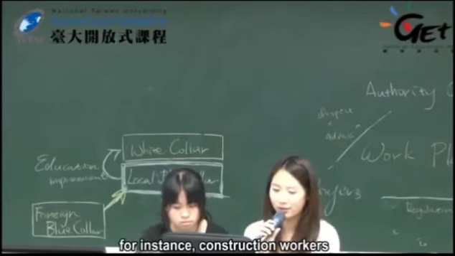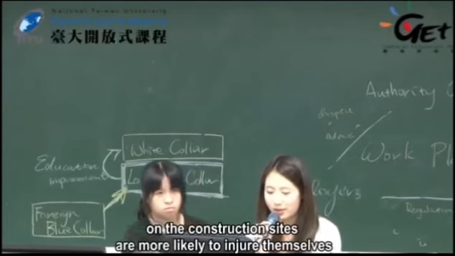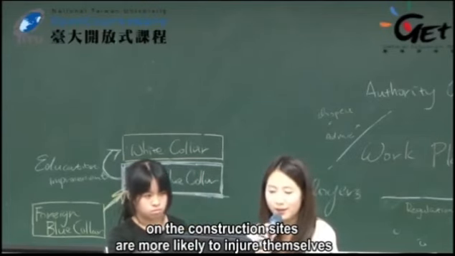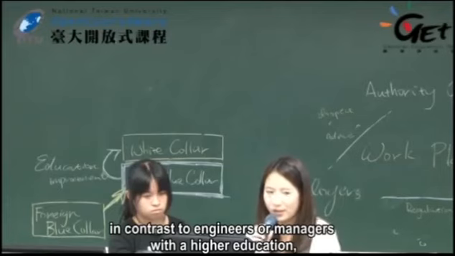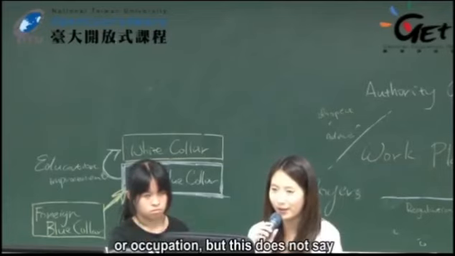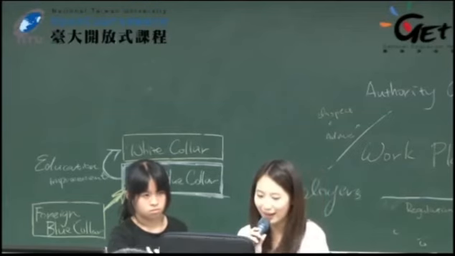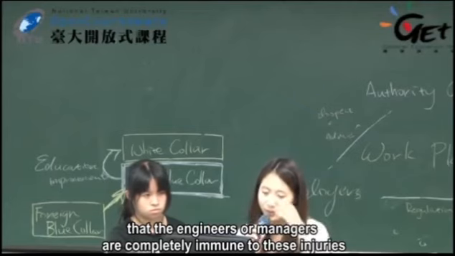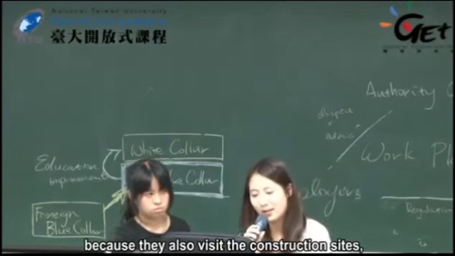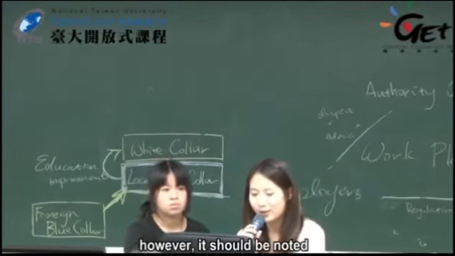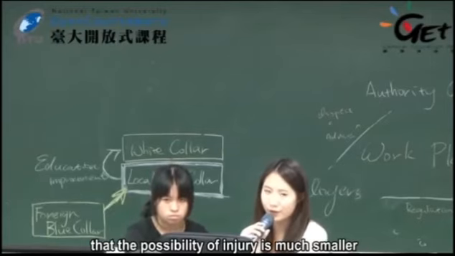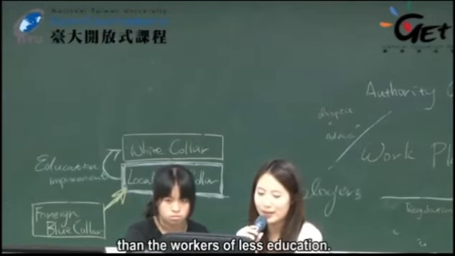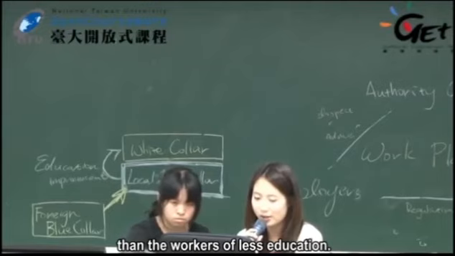For instance, construction workers on the construction site are more likely to injure themselves in contrast to engineers or managers with a higher education or occupation. But this does not say that the engineers or managers are completely immune to these injuries because they also visit the construction sites. However, it should be noted that their possibility of injury is much smaller than the workers of lower education.